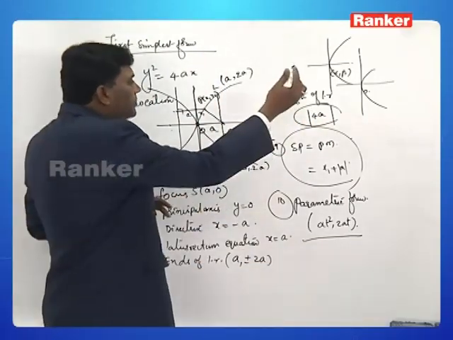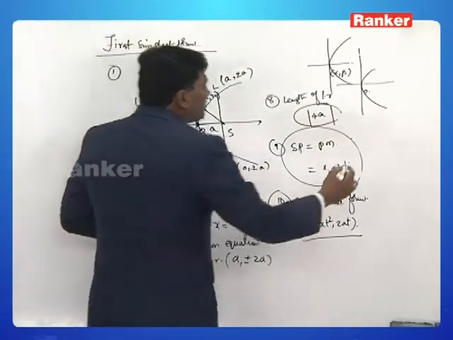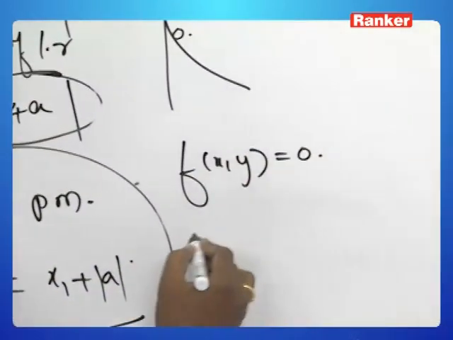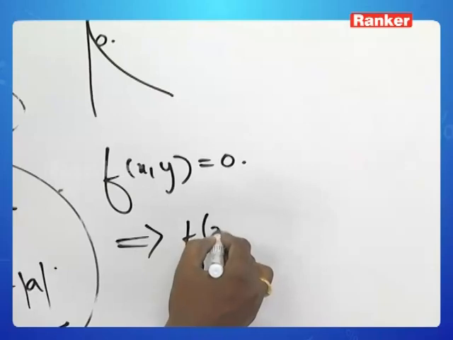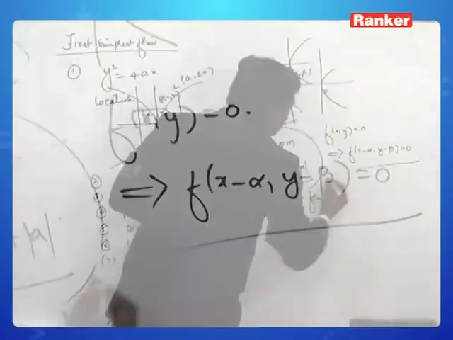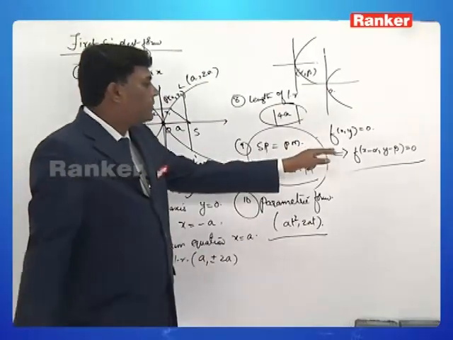To get all the properties of this one, if you want any equation, simply f of x y equals to 0 is written as f of x minus alpha, y minus beta. Replace x and y with x minus alpha, y minus beta.